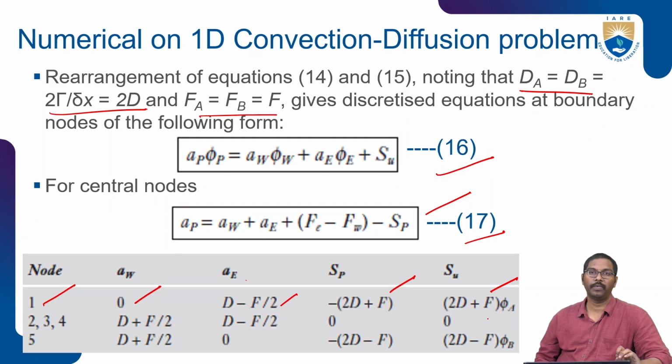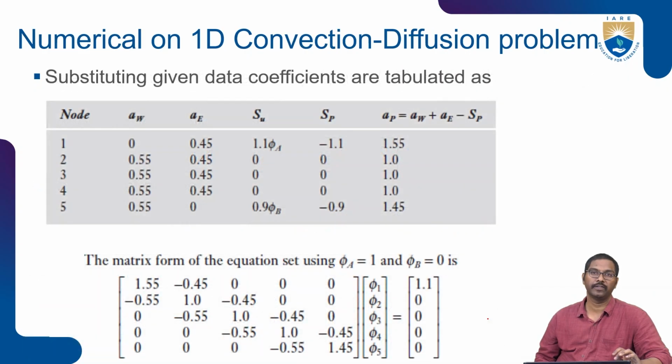Once you have obtained those values, comparing equation 16 with 13, you have to identify the Su and Sp values. By that we get the coefficients for all the discretized equations at the respective nodes. That system of equations will be written in matrix form.